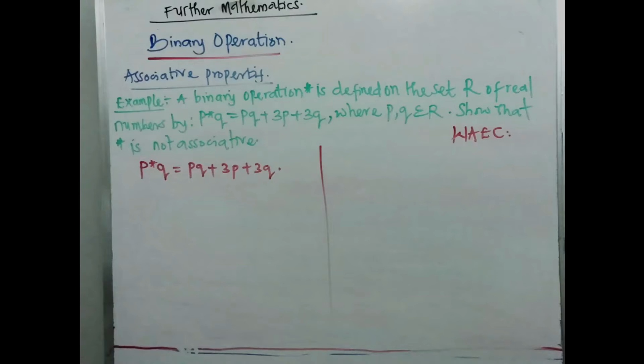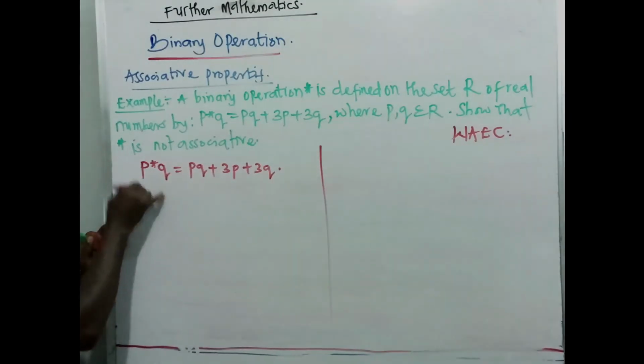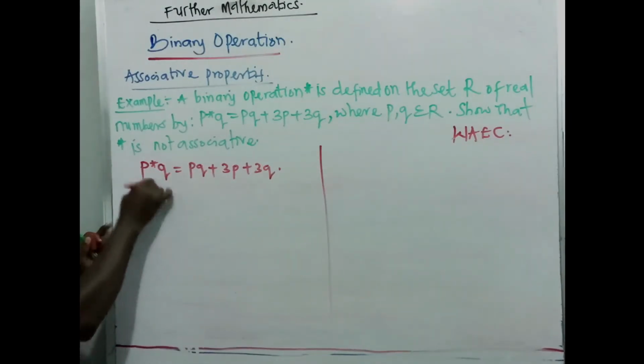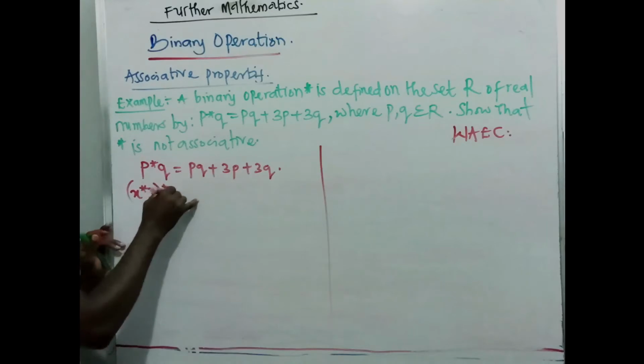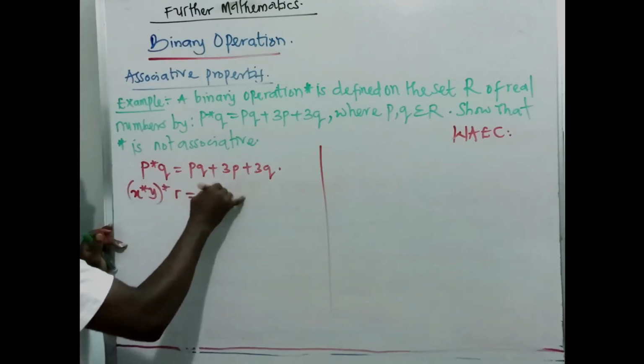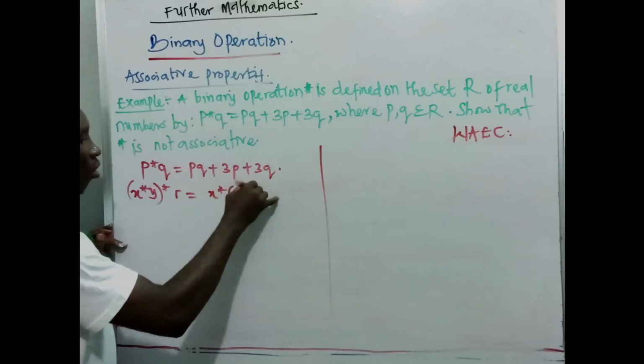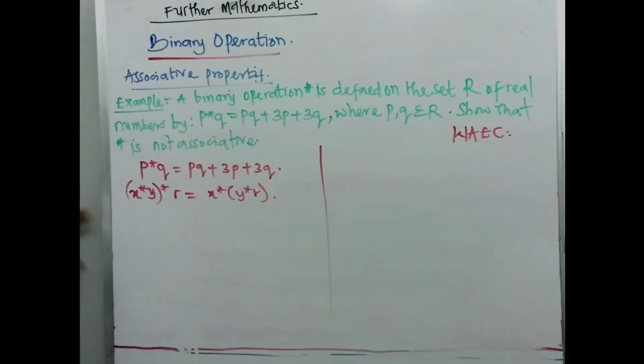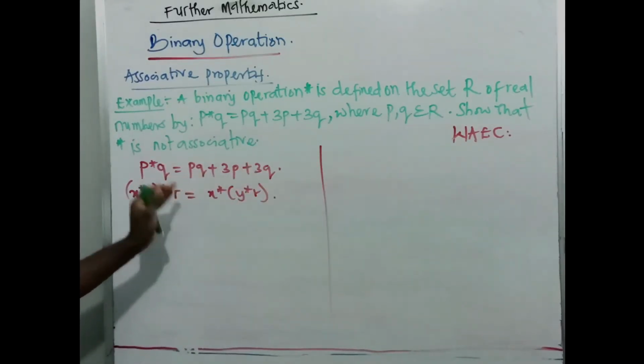And associativity is such that x asterisk y asterisk r is equal to x asterisk y asterisk r, grouped differently. This is the condition that satisfies associativity.